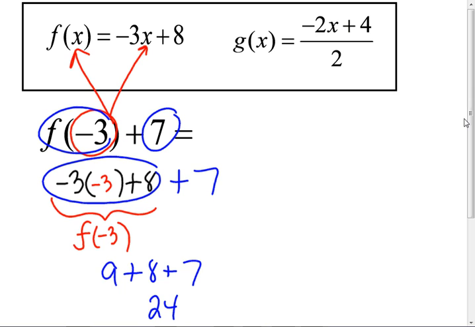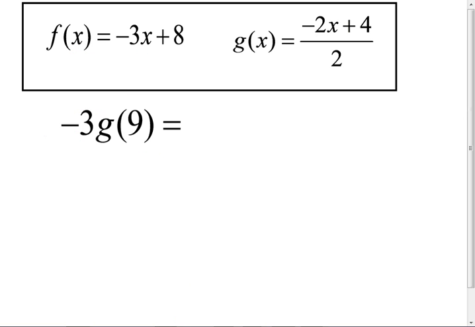Ready? If you're ready, you can move ahead. That's okay. Okay, now what does that say? It says negative 3. What operation's there? Katie? What operation's in there? It's not plus, not minus, not divided by, it's times. So it's negative 3 times g of 9.